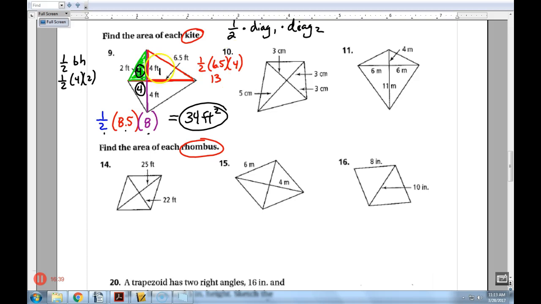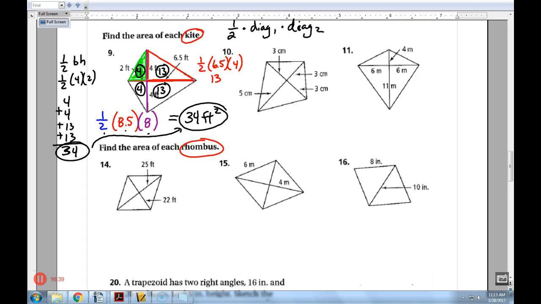So now I know that this triangle is 13, this triangle is 13, and when you add up all 4 of those triangles, 4 plus 4 plus 13 plus 13, you will get 34. So you can see they match. It's just a lot more work to find the 4 triangles separately than it is to use the diagonal theorem. So I would definitely use the product of the diagonals.